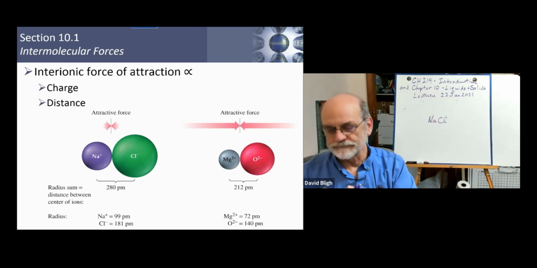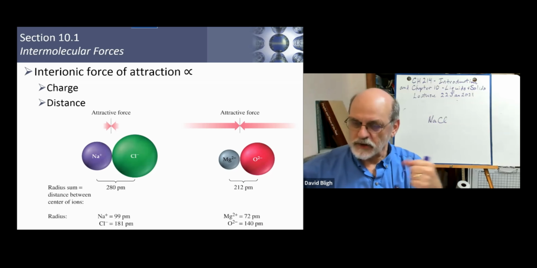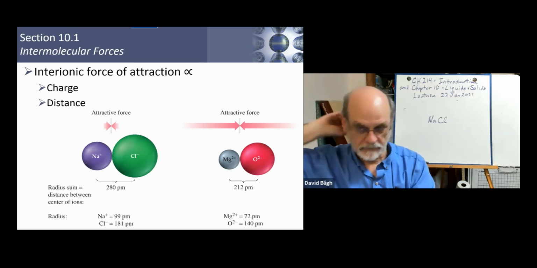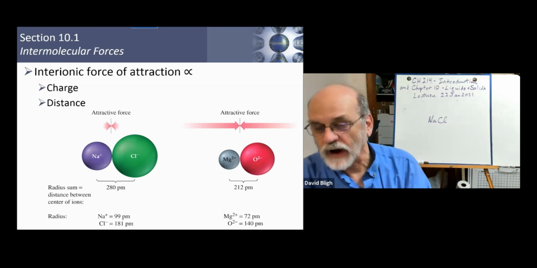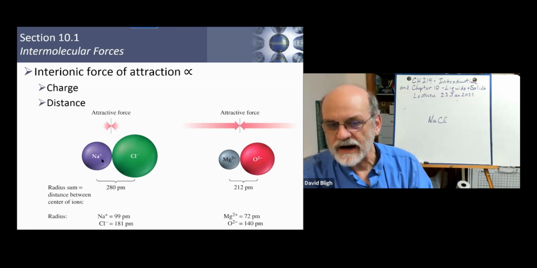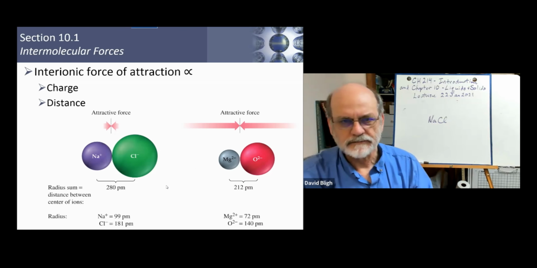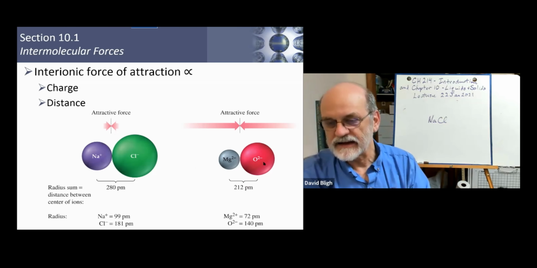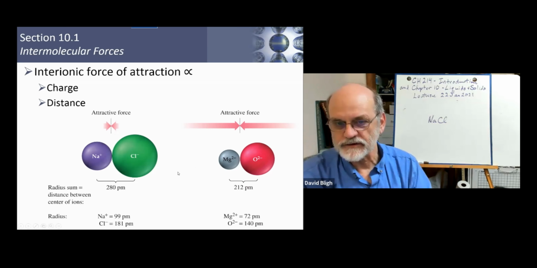That's Coulomb's law. So if you bring them closer together, the strength of the attraction increases way up, by the square. So that's why the melting point of magnesium oxide is very much higher than sodium chloride. I'm surprised I didn't put the actual values in here, but trust me, magnesium oxide melts at a much higher temperature than sodium chloride.